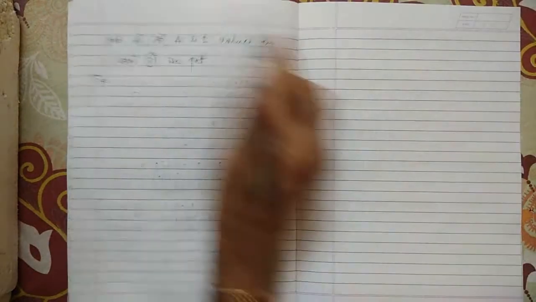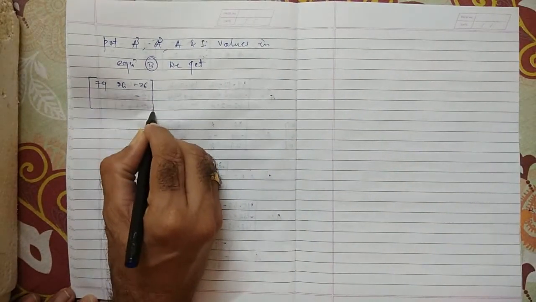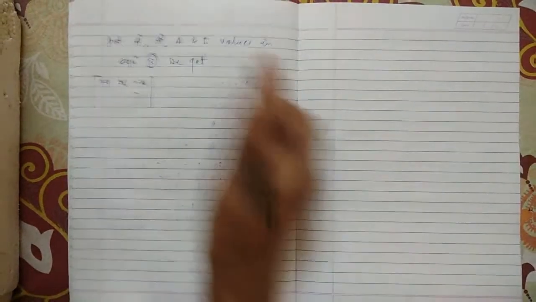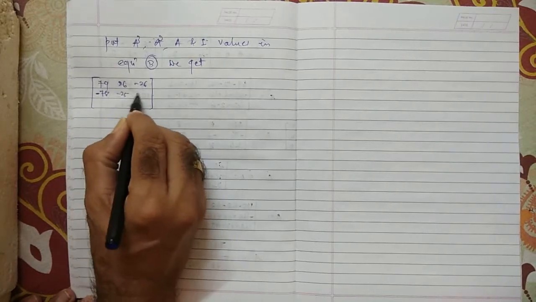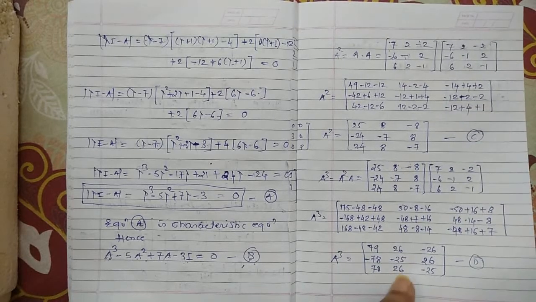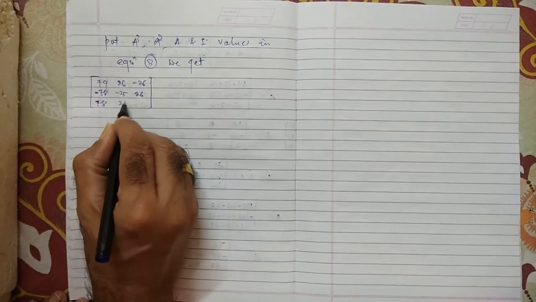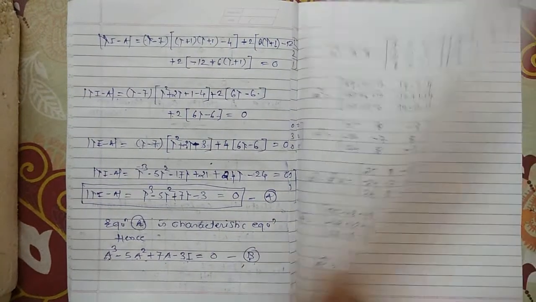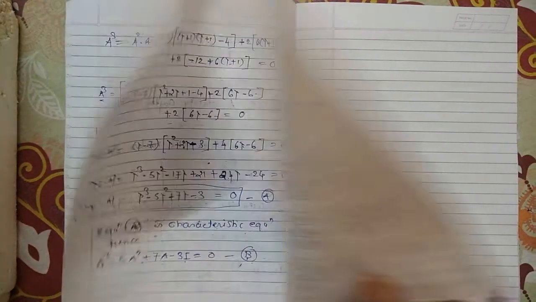Then it is minus 78, minus 25, 26, and 78, 26, minus 25. This is 26 and this is minus 25.